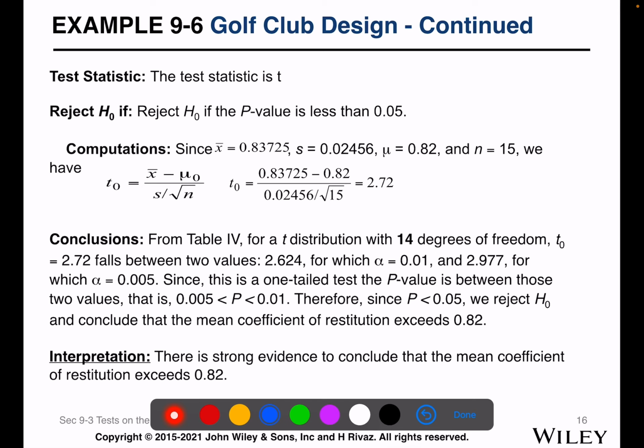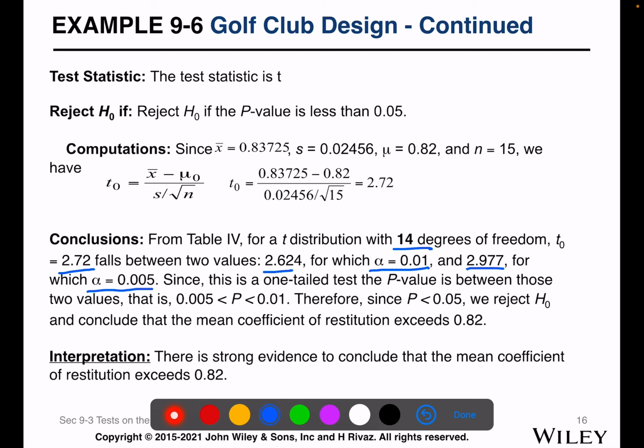All right. So the conclusion that we make is that from this table with the t distribution with 14 degrees of freedom, T0 equal to 2.72 falls between 2.62, for which alpha is 0.01, and 2.97, for which alpha is 0.005.